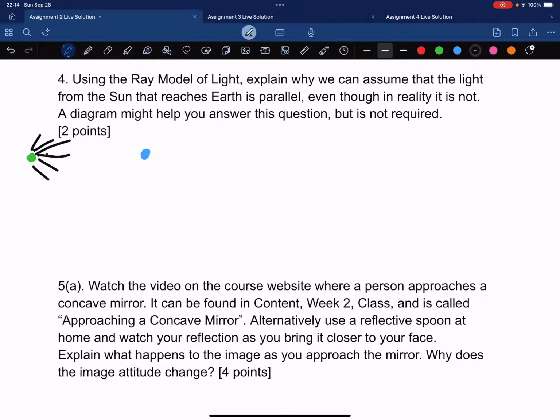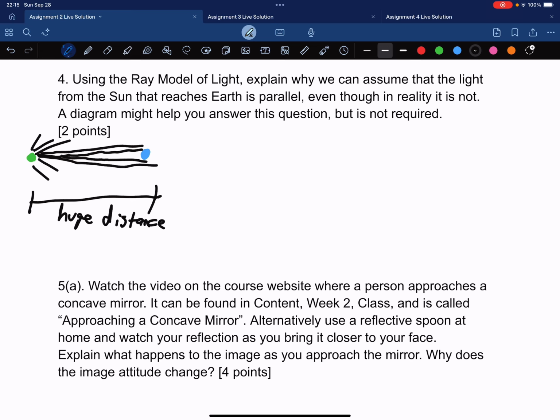And the light rays that actually go and reach Earth, because of this huge distance, Earth is a teeny tiny little target. So any small change in angle of the source light ray will result in a huge difference by the time the light gets to Earth.